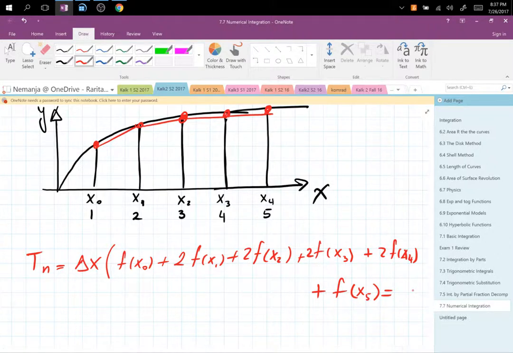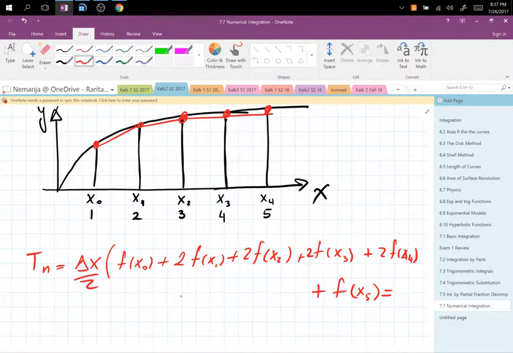These formulas look crazy, but they're not actually. Oh, I forgot over 2 over here. Sorry. Put the over 2 for dx. Otherwise, it's going to be wrong, whatever you do.